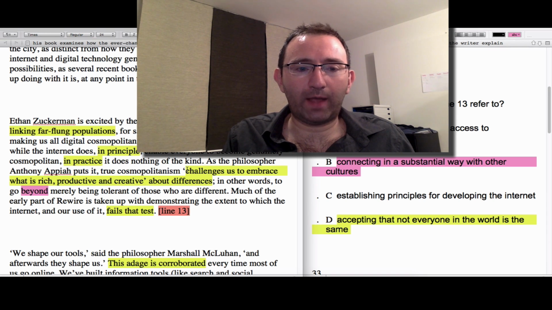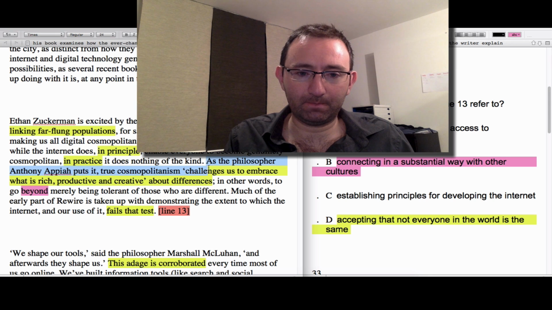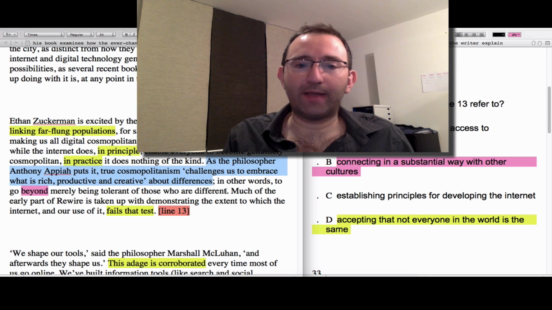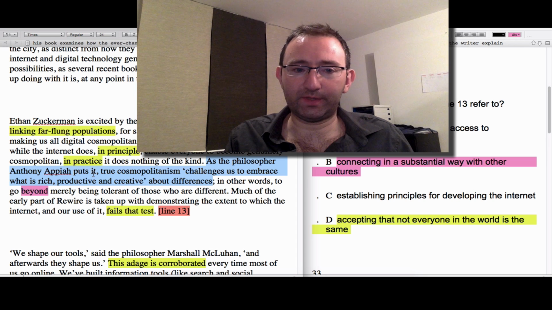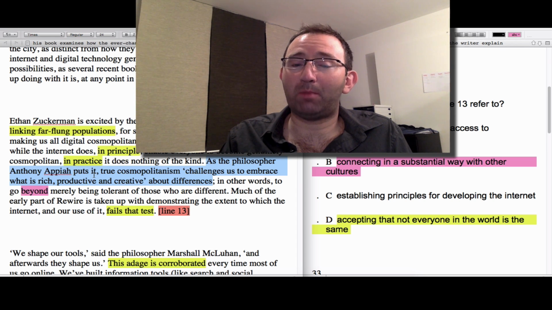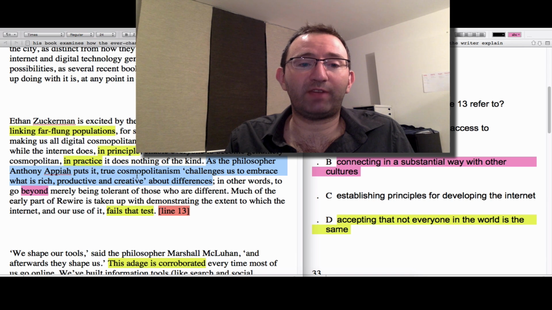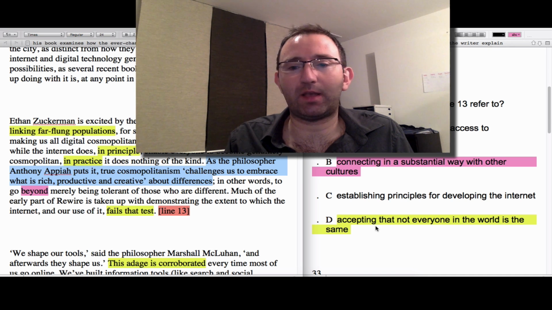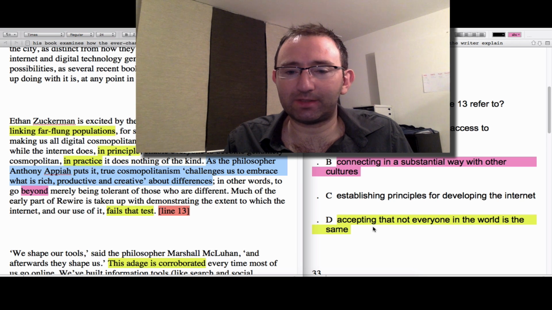I got carried away with this bit. As the philosopher puts it, true cosmopolitanism challenges us to embrace what is rich, productive, and creative about differences. And I just read differences and everything, and I was like, okay, accept that not everyone in the world is the same.